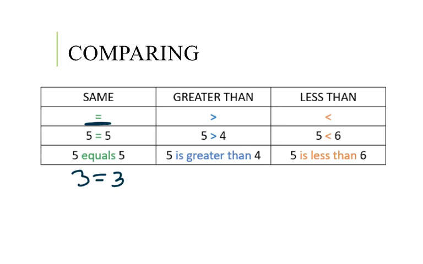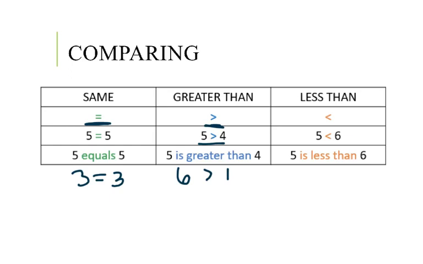The next one is greater than. This is the symbol right here. When you are looking at it in a number, that's how it will look, and you would say it 5 is greater than 4. Can you think of two numbers that would follow this rule? I could see 6 is greater than 1, okay?